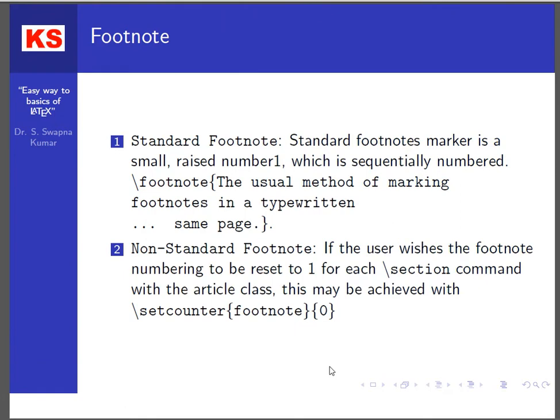Footnote in LaTeX is just like the conventional way we used to highlight any particular important content in terms of numbering, or in the form of certain standard important words at the bottom of the text, so that it signifies what exactly it pertains to.